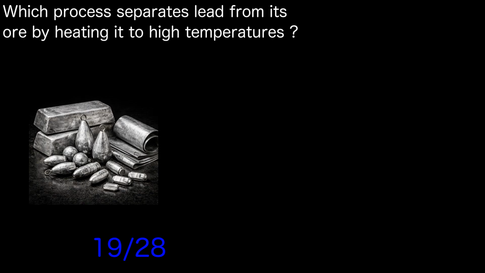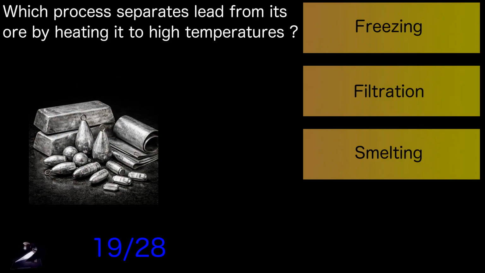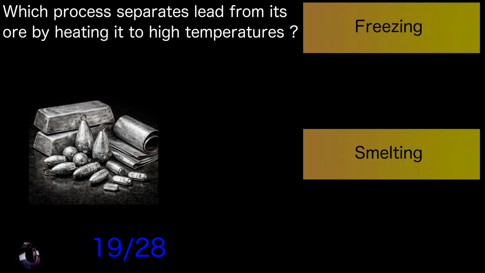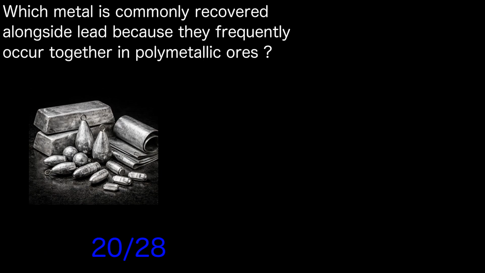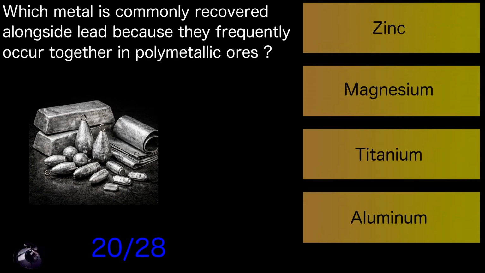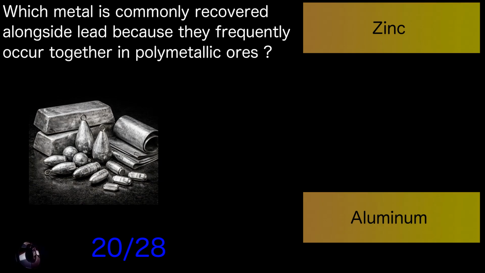Which process separates lead from its ore by heating it to high temperatures? Smelting. Which metal is commonly recovered alongside lead because they frequently occur together in polymetallic ores? Zinc.